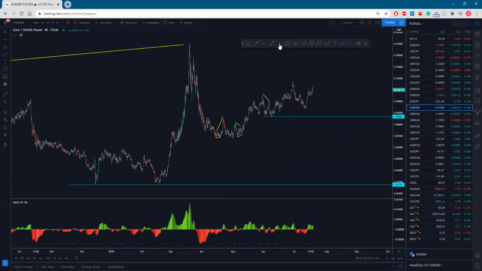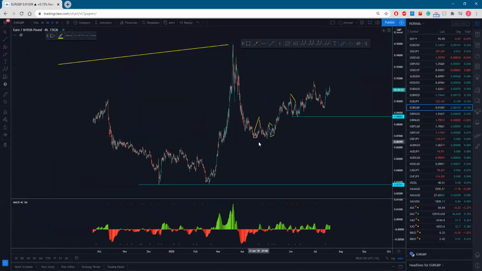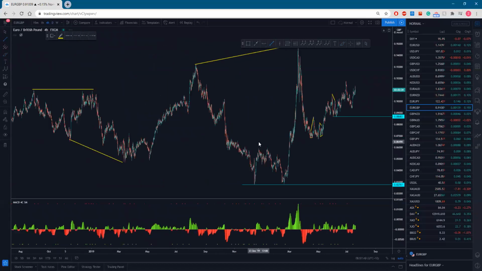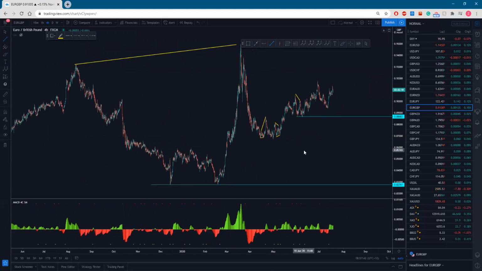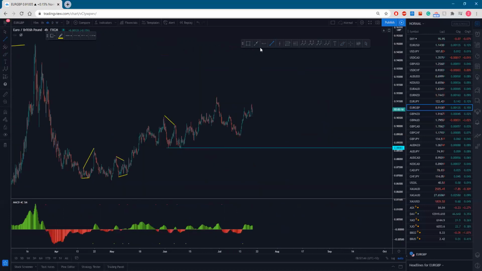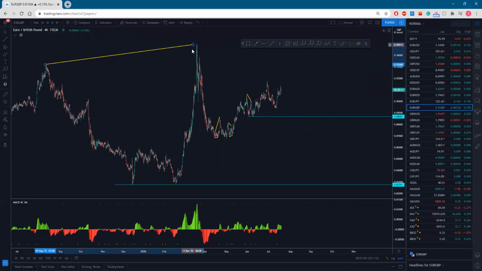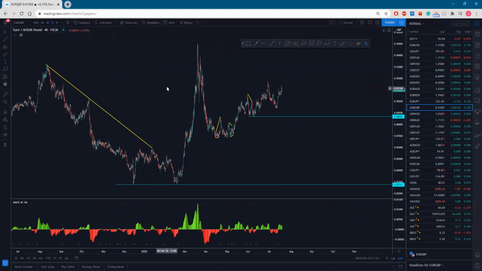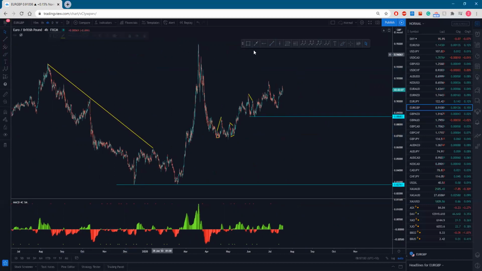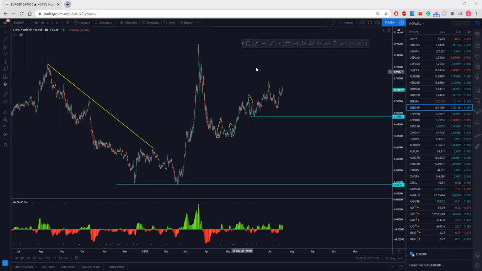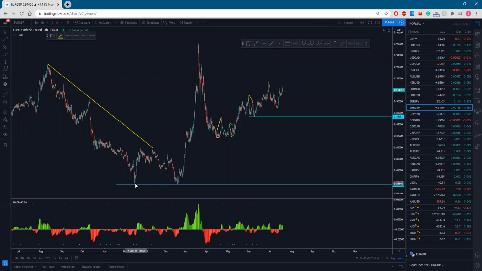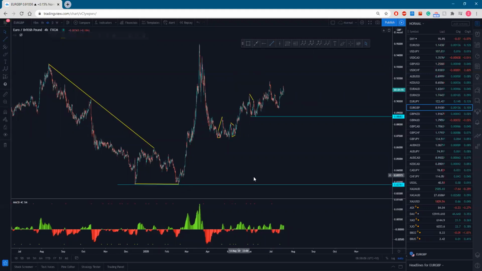Okay, so Euro pound has just continued to climb. I still don't see a clear setup on this one. Let's just figure this out.